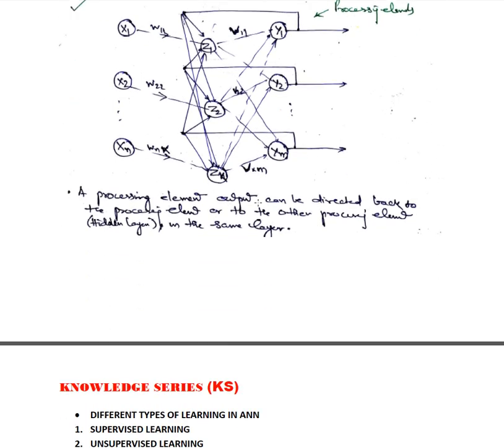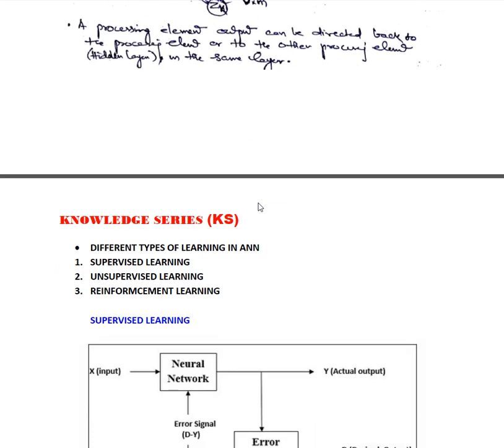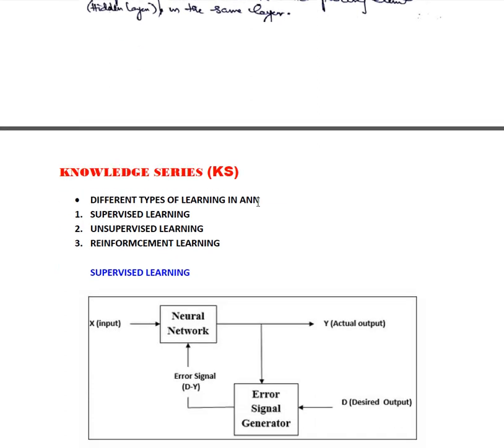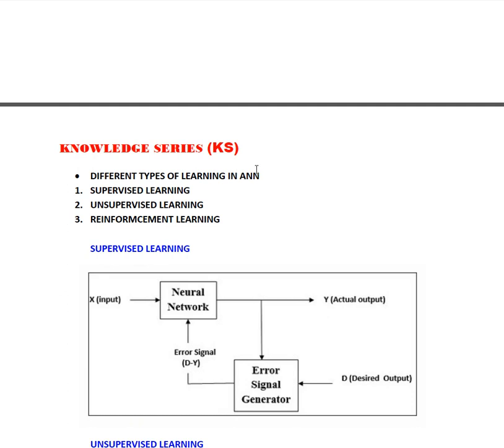Now we go to the next very important area. We are talking about different types of learning in the ANN. Now what exactly does learning indicate? See, learning is nothing but training. We use the term training in machine learning. That means learning is one of the important components because it enables the network to learn based on the conditions.